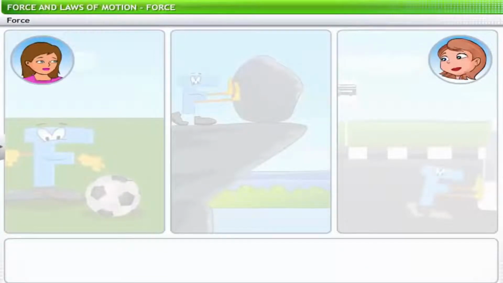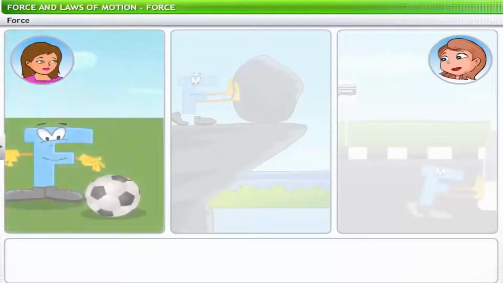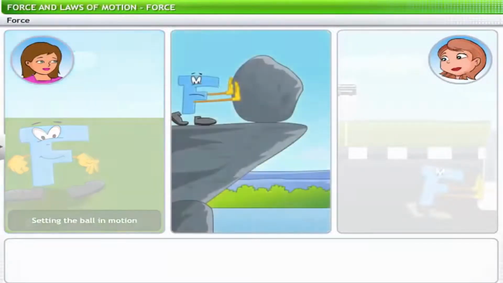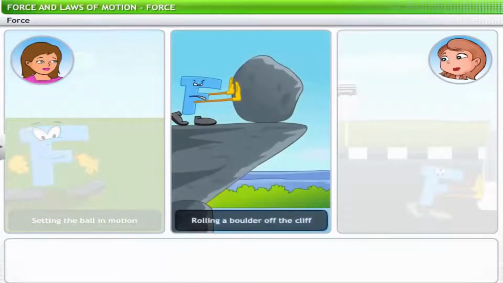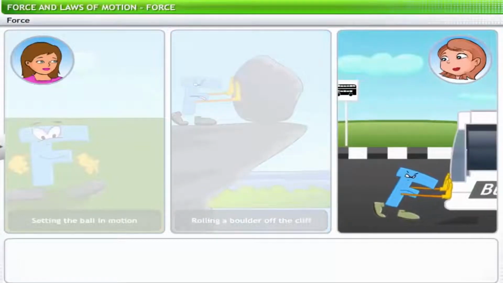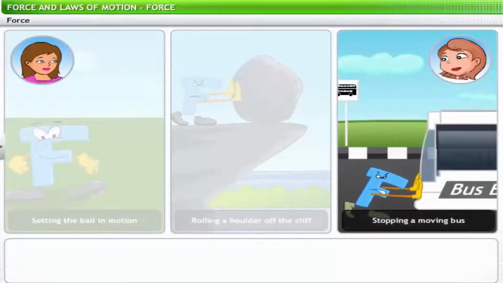They're trying to perform some tasks requiring force. That's right. As you can see, the first task involves force in kicking a ball and setting it in motion. The second requires force to roll a boulder off the cliff. In the third, force is being applied to try and stop a moving bus.